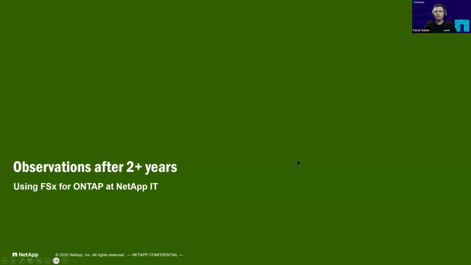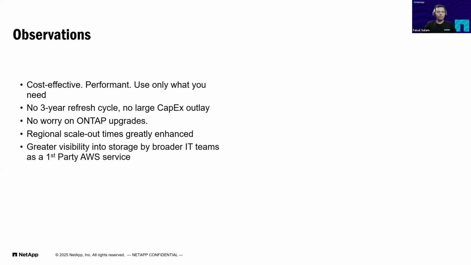Okay, so I'm going to look at some of the observations from NetApp IT after over 2+ years of using the product. We were able to start small as we started ingesting workloads in, and we've been scaling it as we move along. We've enabled monitoring.